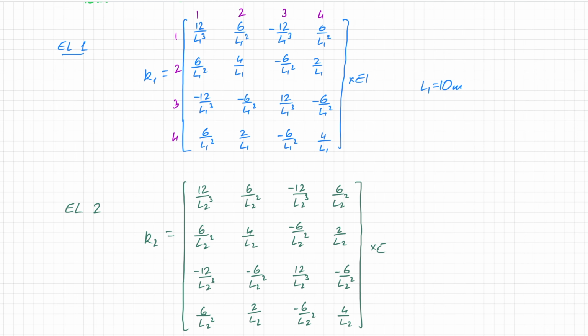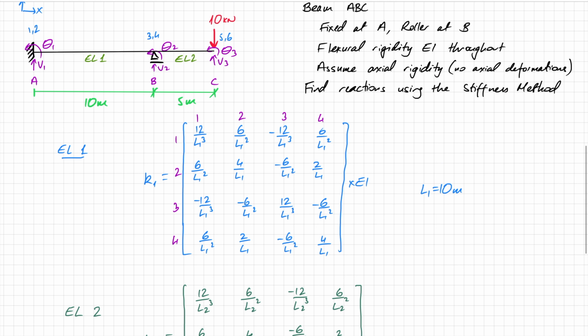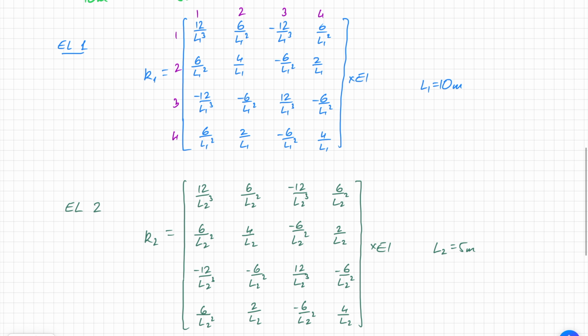Once again, all that times EI, and here L2 equals 5 meters. And once again, I'm going to note the degrees of freedom. Element 2 has degrees of freedom 3, 4, 5, 6, so that is what I'm going to note here, both along the rows and columns.